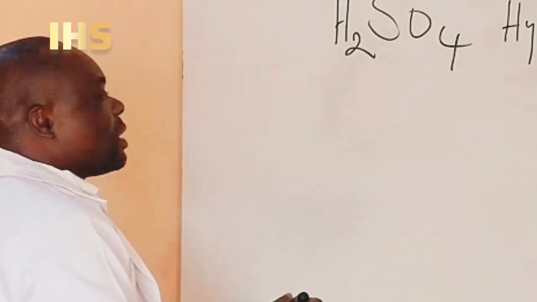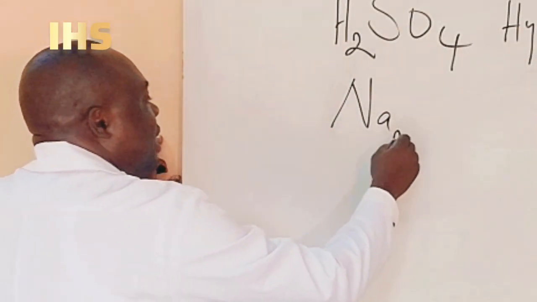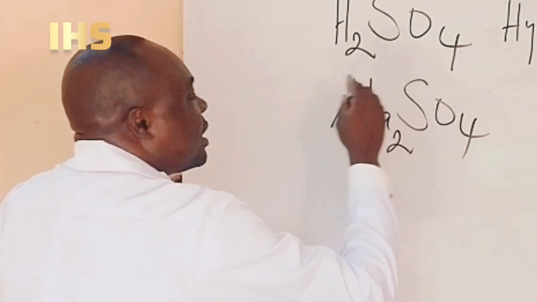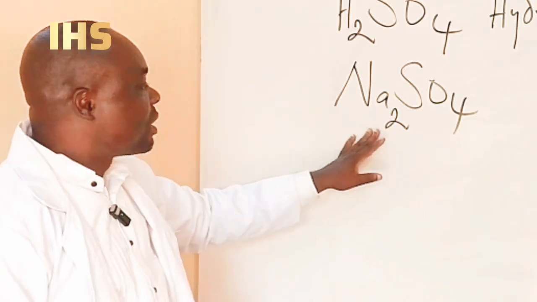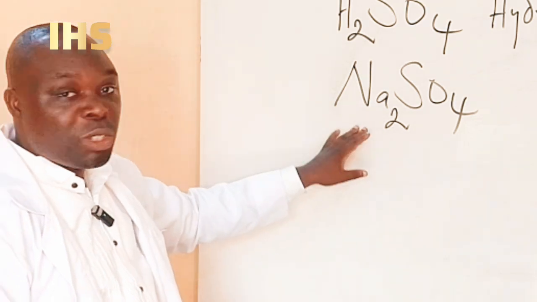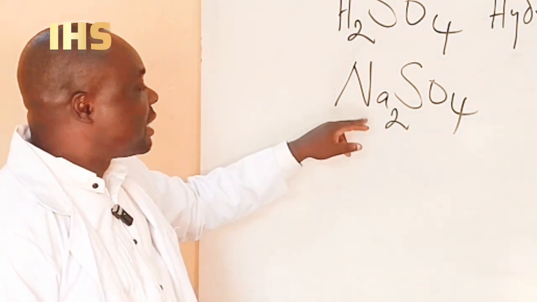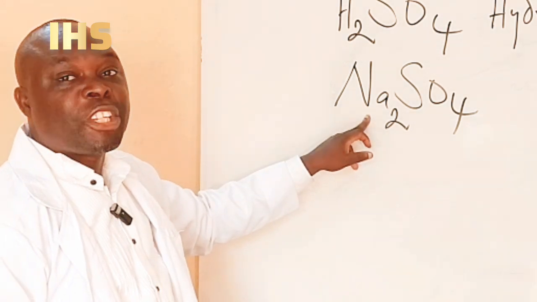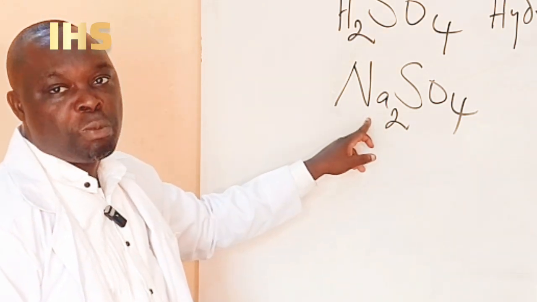What if I have it in this way? If I write this one and say, name it for me, you start from here. I told you in our other class that Na is from natrium. Natrium is a Latin name of sodium.